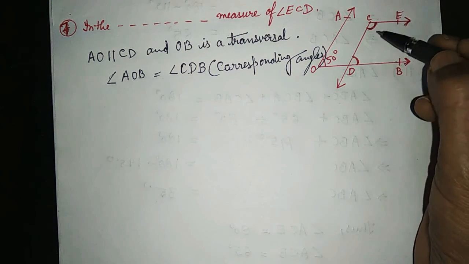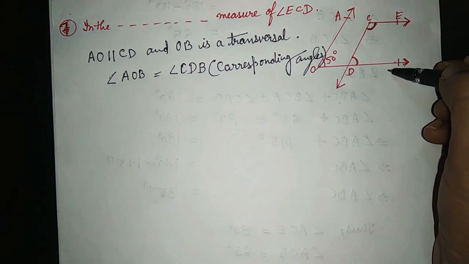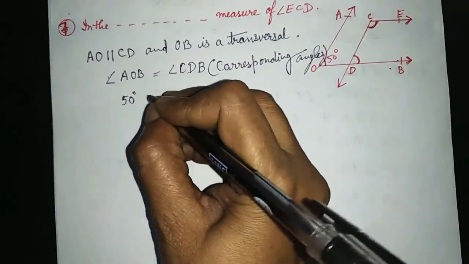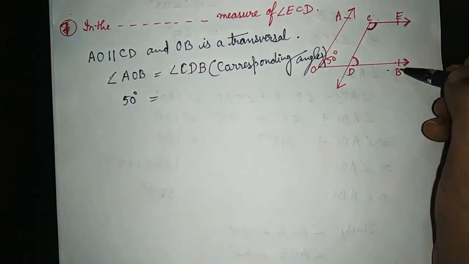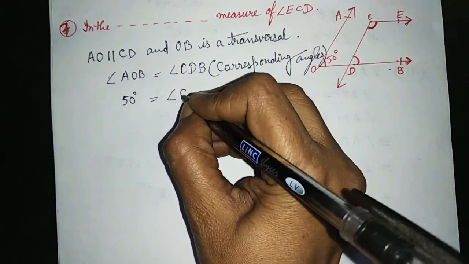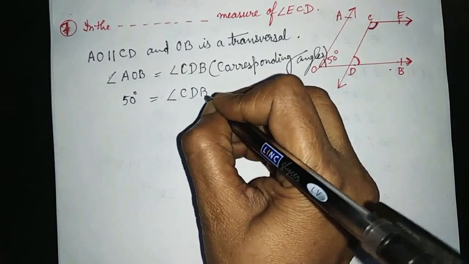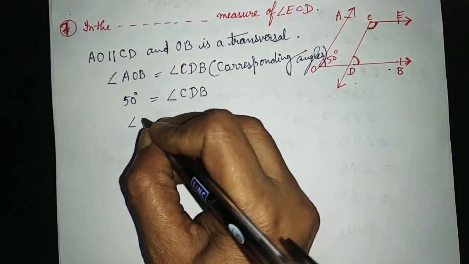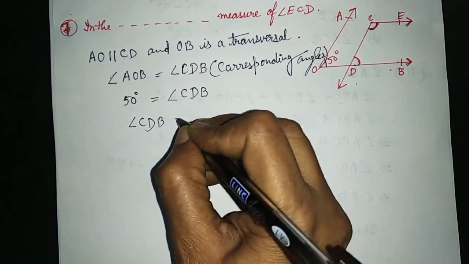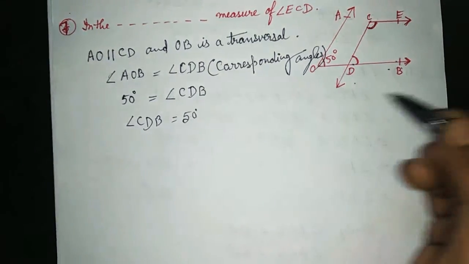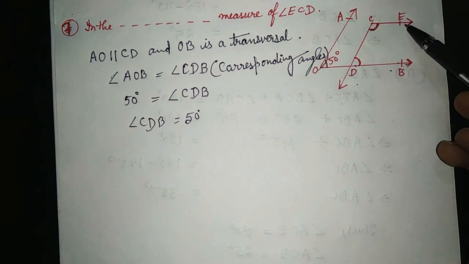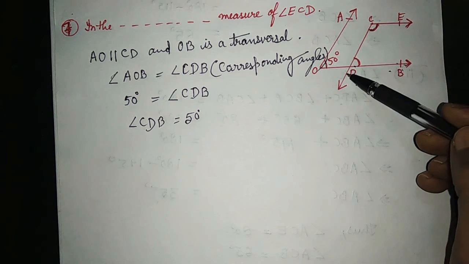So here AOB measure is 50 degree and CDB we are finding. So here we have got measure of angle CDB is equals to 50 degree. After getting measure of angle CDB, we can find out measure of angle ECD.